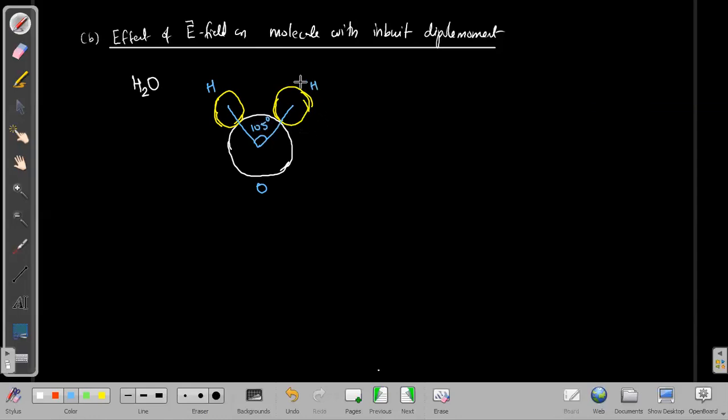So the hydrogen would be positive, and oxygen negative. So you'll get dipole moment along these two directions. In general, the total inbuilt dipole moment will be along this direction. So it has some inbuilt dipole moment.